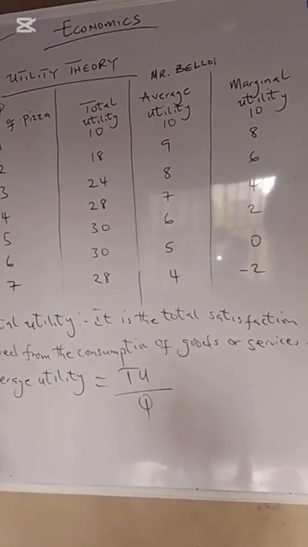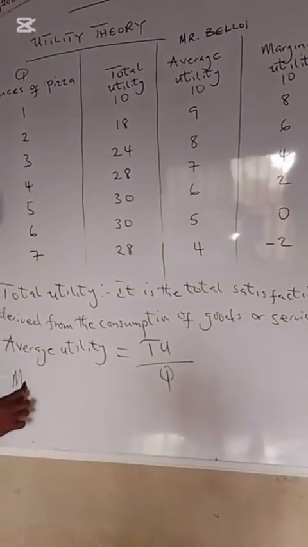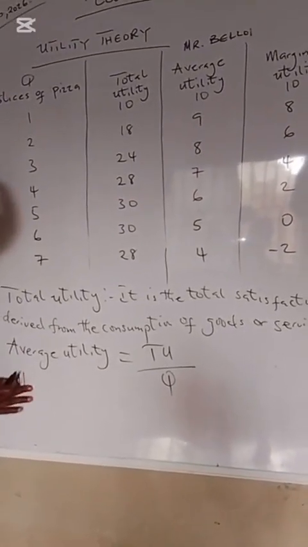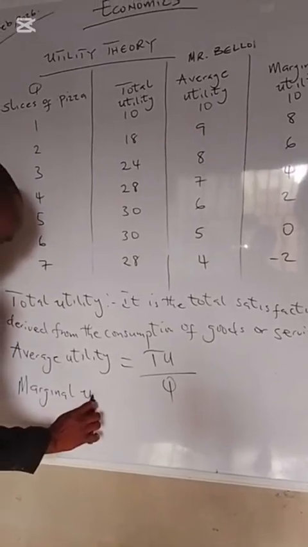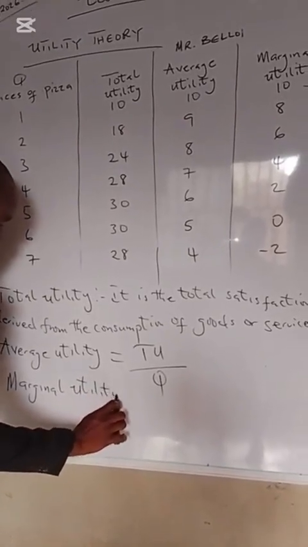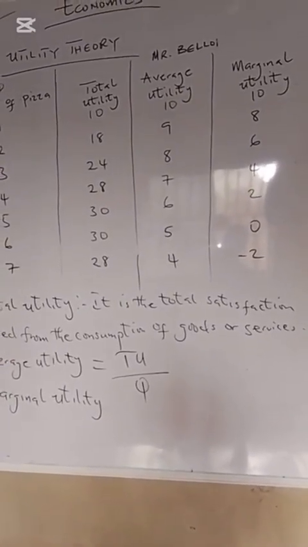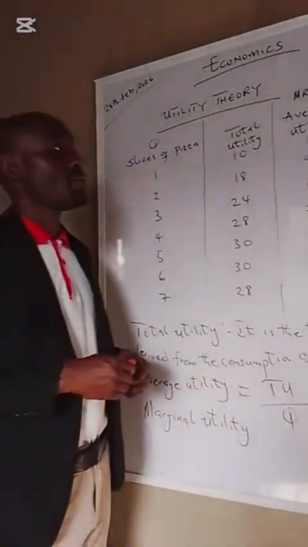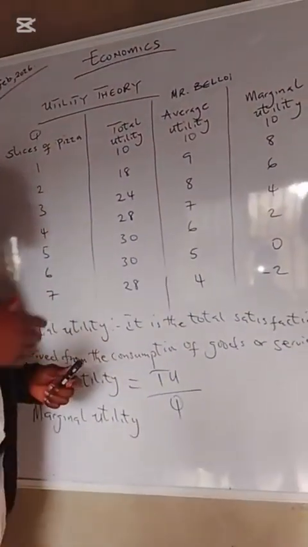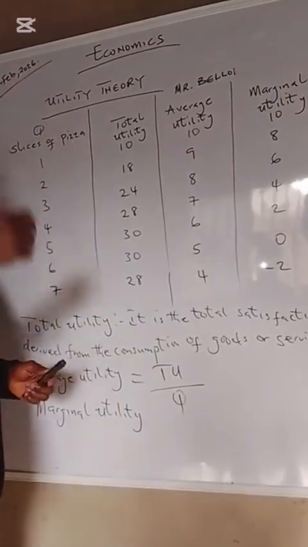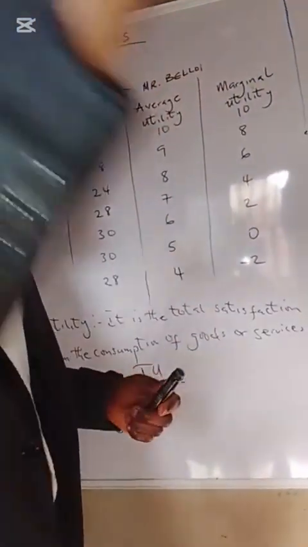Now let's look at marginal utility. From the word marginal, marginal means additional. That's the meaning of marginal in economics. So marginal utility is the additional satisfaction we derive from consuming an additional commodity.